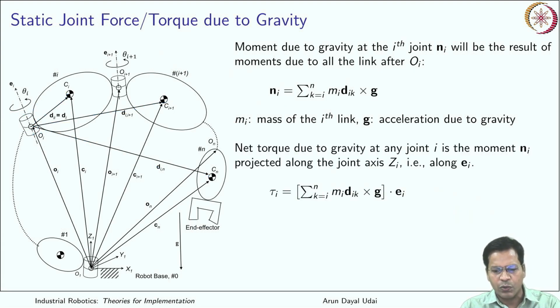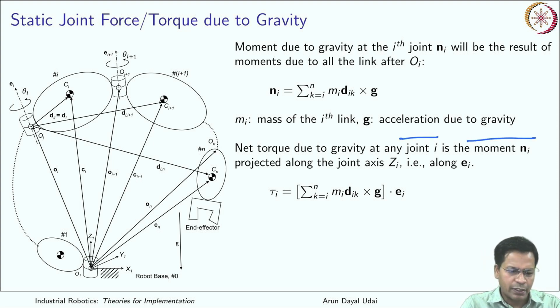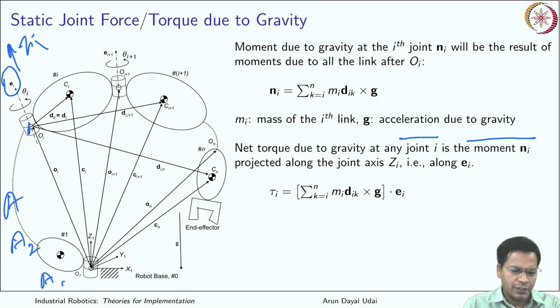So for the net torque due to gravity at joint i, if you know the moment, you have to project this moment along the axis which is here. You know already that this is nothing but your z_i axis, and that can be extracted out of the forward kinematic transformation matrix till here. It is the product of all the matrices till this location. That will quickly give you the orientation R_i as well as the vector O_i. Both of these are combined together in your transformation matrix.